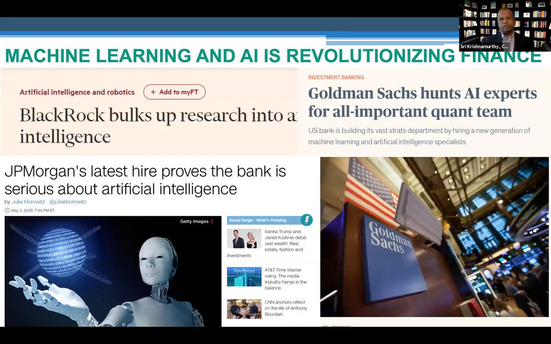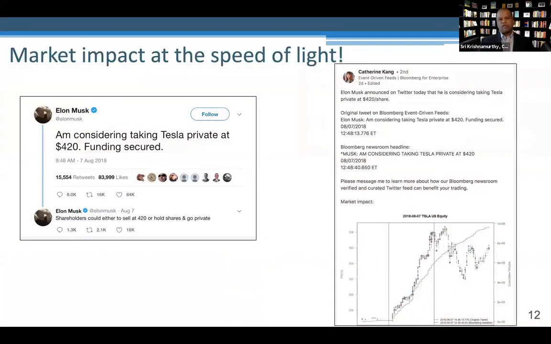And why is that so? If you start looking at the ecosystem, I'm going to give you an example. Think about a scenario which actually happened in August of 2018. This was a real story. Elon Musk sent out a tweet at 9:48 California time saying that he's going to take Tesla private at $420.